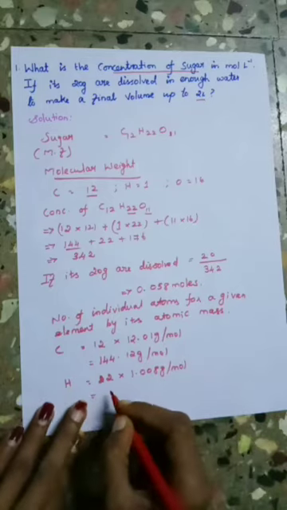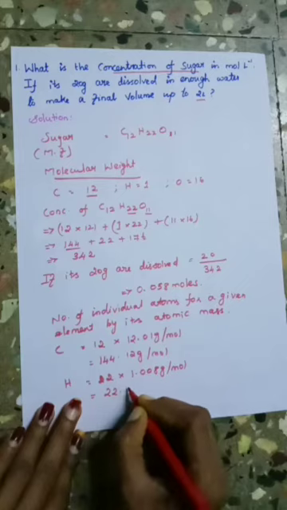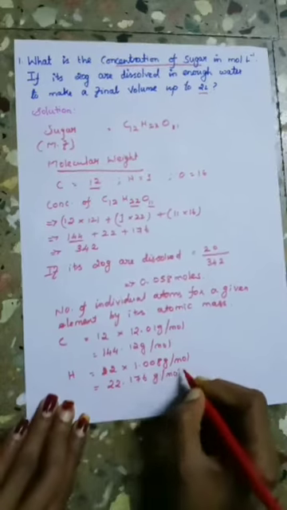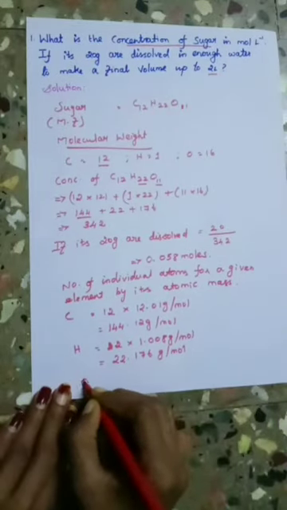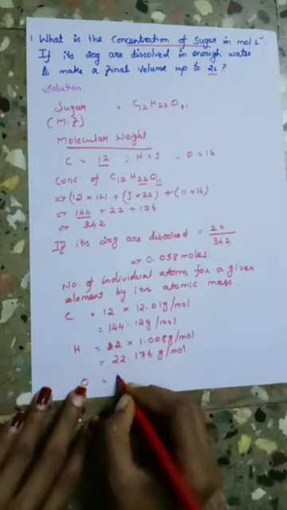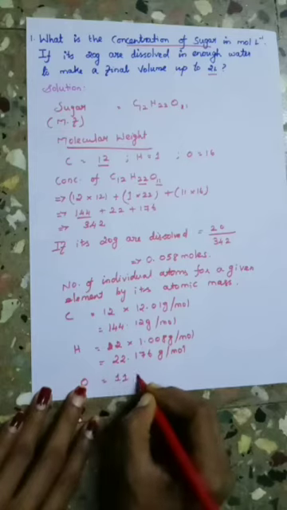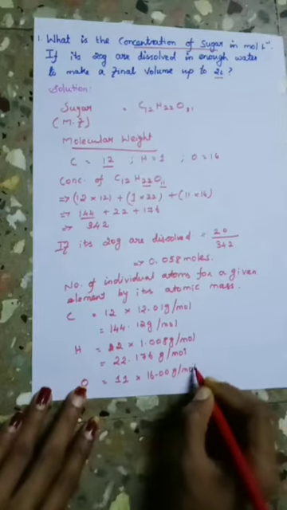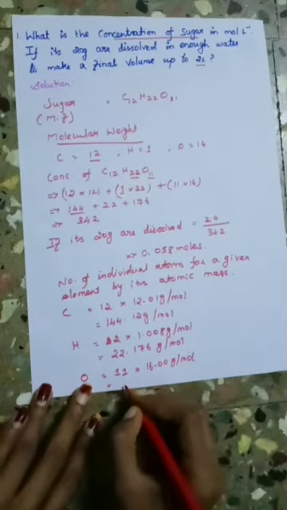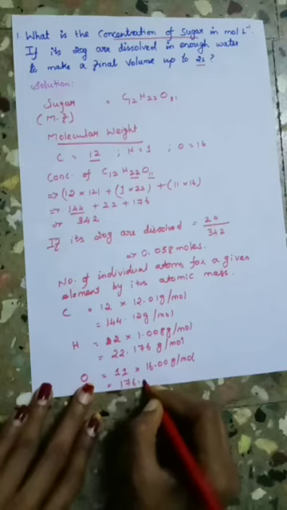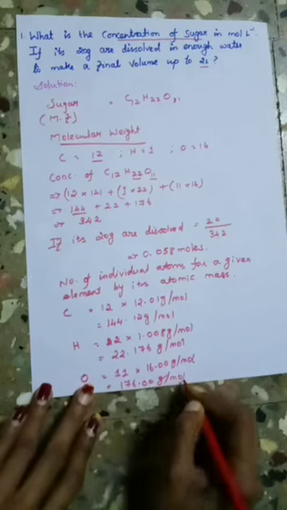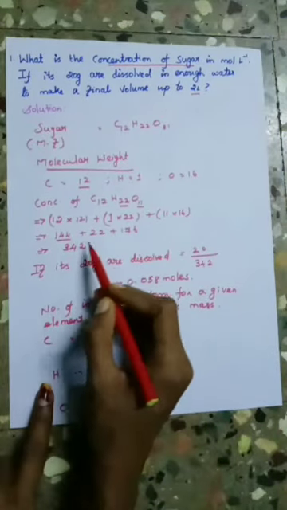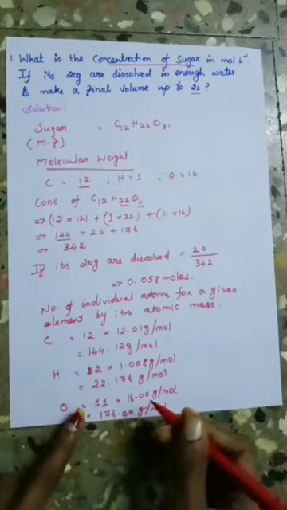When we multiply, we get 22.176 gram per mole. Then last, for oxygen, 11 multiply 16.00 gram per mole, we get 176.00 gram per mole. Okay, this is the accurate value.